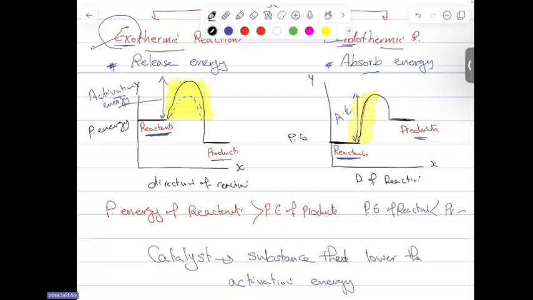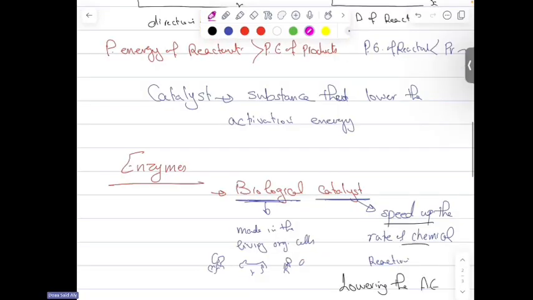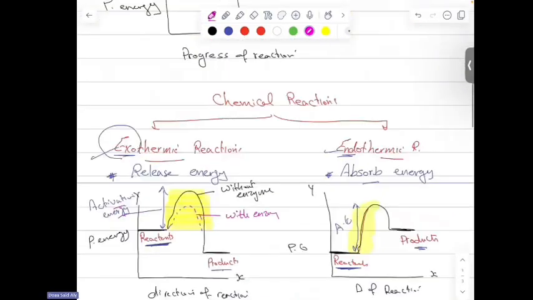So here the black curve represents the activation energy without enzymes, while the pink one represents the activation energy with enzymes. So the enzymes, they lower or they minimize the activation energy needed for the chemical reactions.